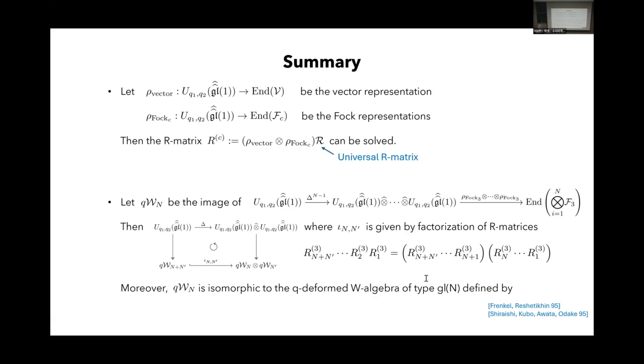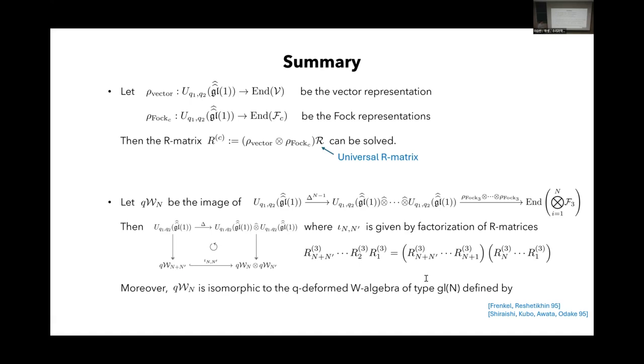It's a well-known thing, and we think of the R matrix that intertwines these two modules. One way to define this R matrix is that you take the universal R matrix of the quantum toroidal algebra, call it R, and just map it through rho vector tensor rho Fock, and that's an R matrix.